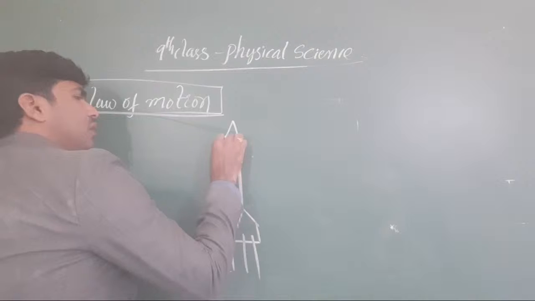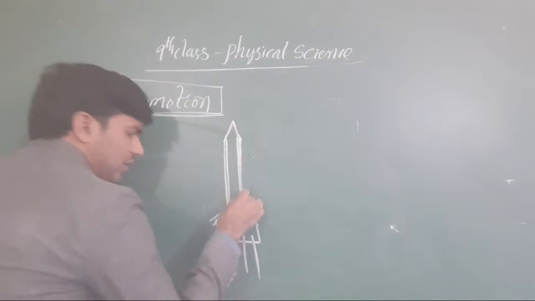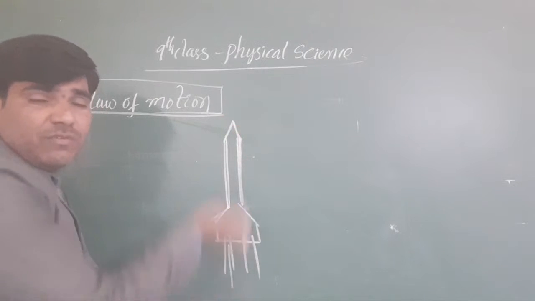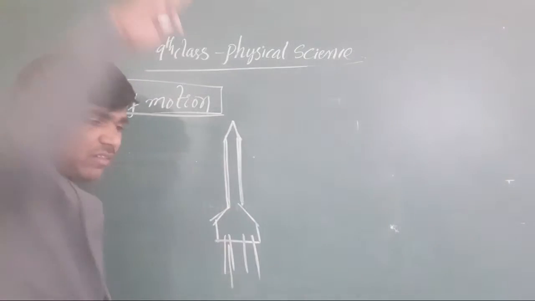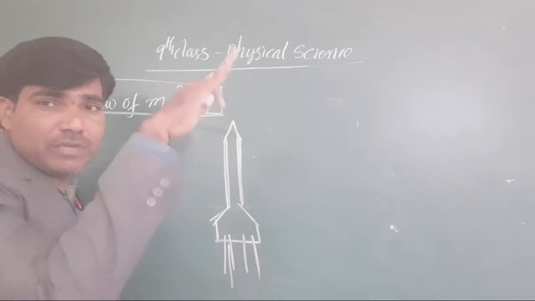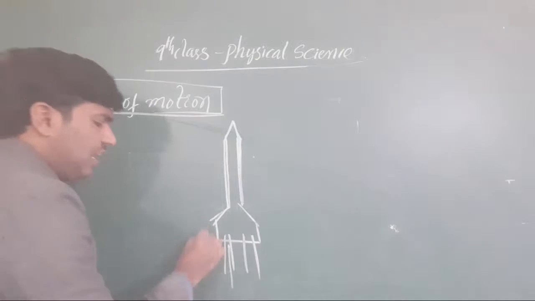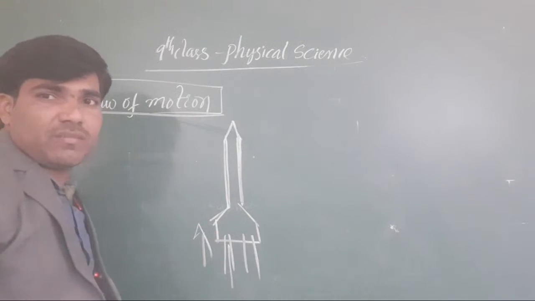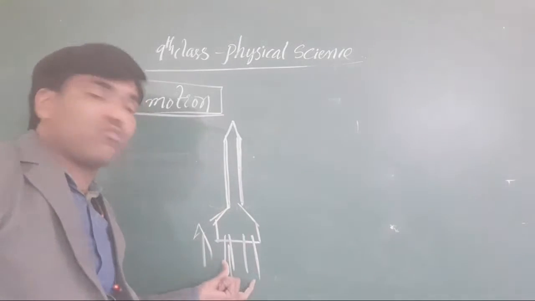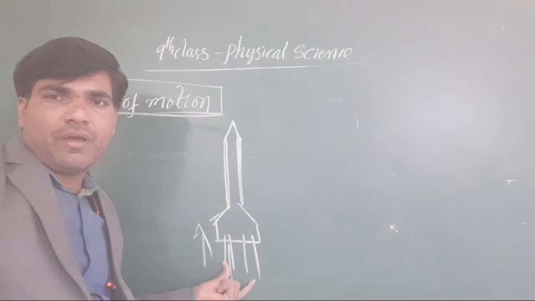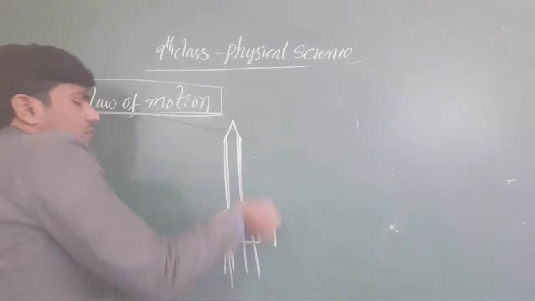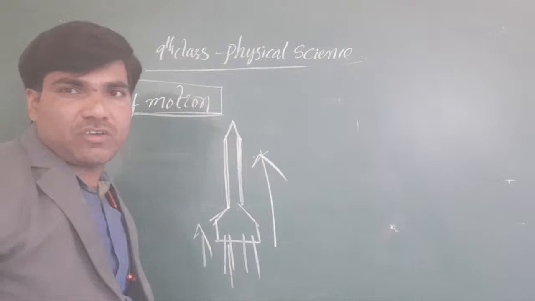Now, whatever nozzle the rocket is given, it will be giving force on the earth. Initially, it is giving force on the earth by the smoke coming from the nozzle, and automatically it will move in an upward direction.